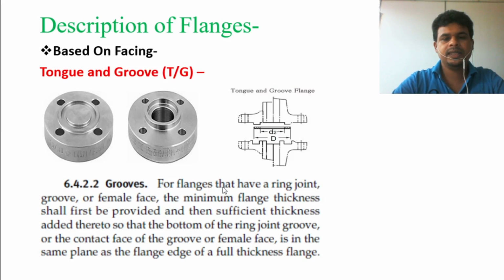For flange faces that have a ring joint groove or female face, the minimum flange thickness shall first be provided, and then sufficient thickness added so that the bottom of the ring joint groove or the contact face of the groove or female face is in the same plane as the flange edge of a full thickness flange. So these things are also the same.